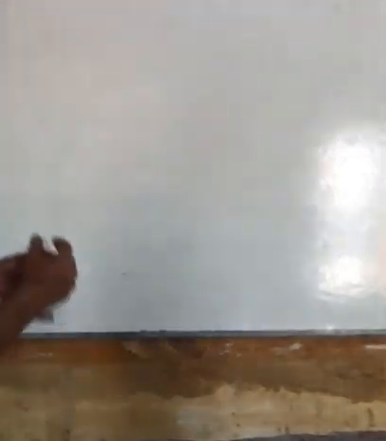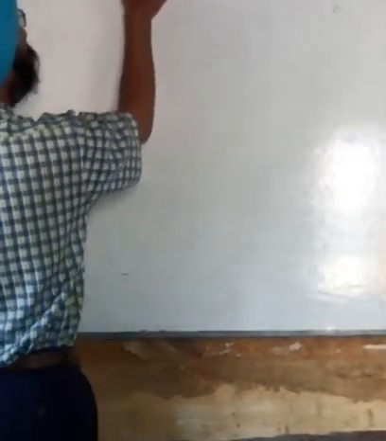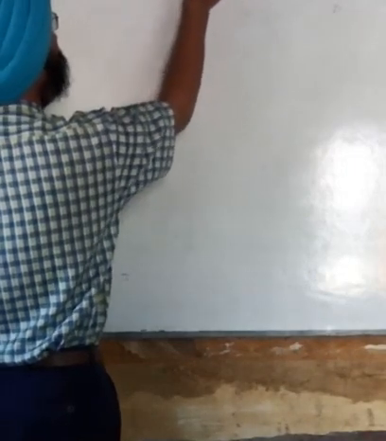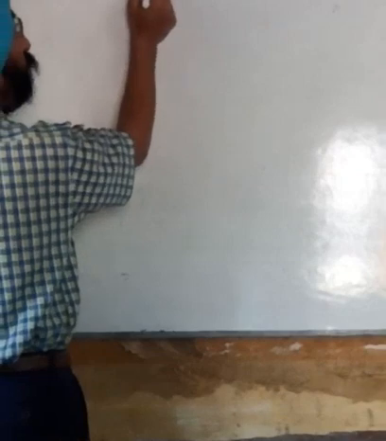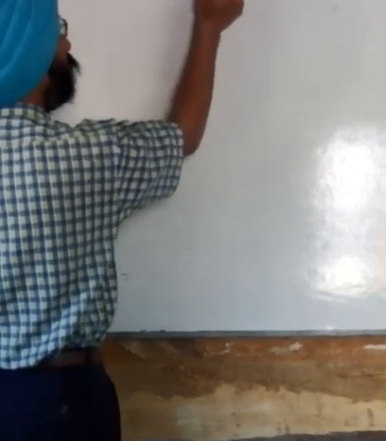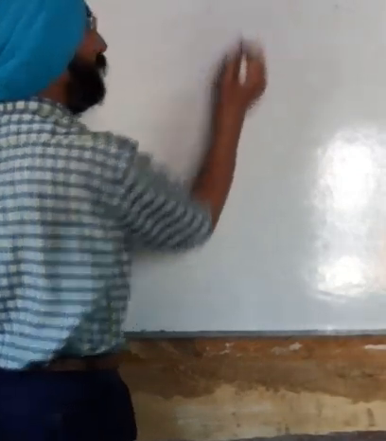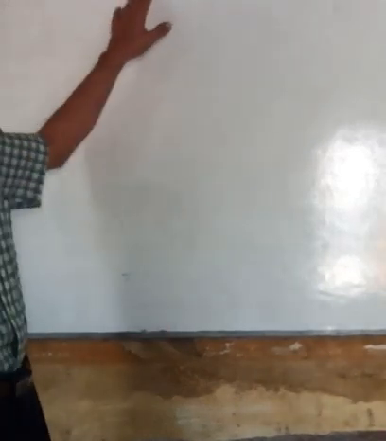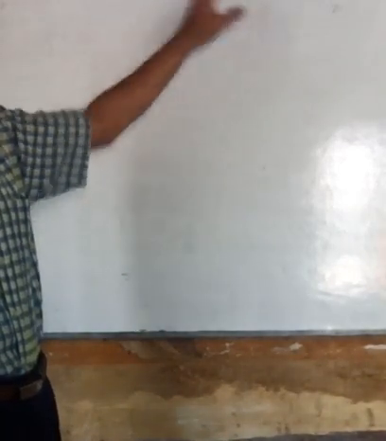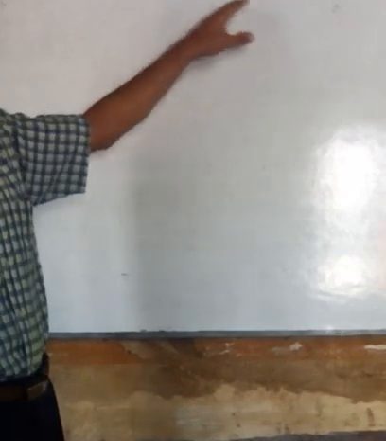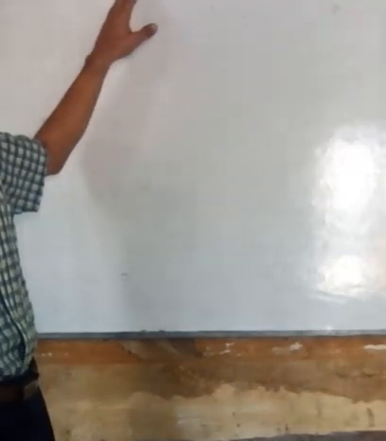That means our equation f(x, y, p) is equal to 0 can be converted into the form x is equal to some function of y and p. That means x can be expressed as a function of y and p. That means the equation is solvable for the variable x.